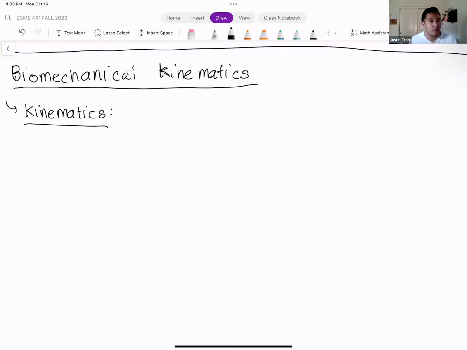Kinematics provides that baseline language or baseline definitions for us to do that. The definition of kinematics is basically a way to describe motion using a systematic, consistent language.